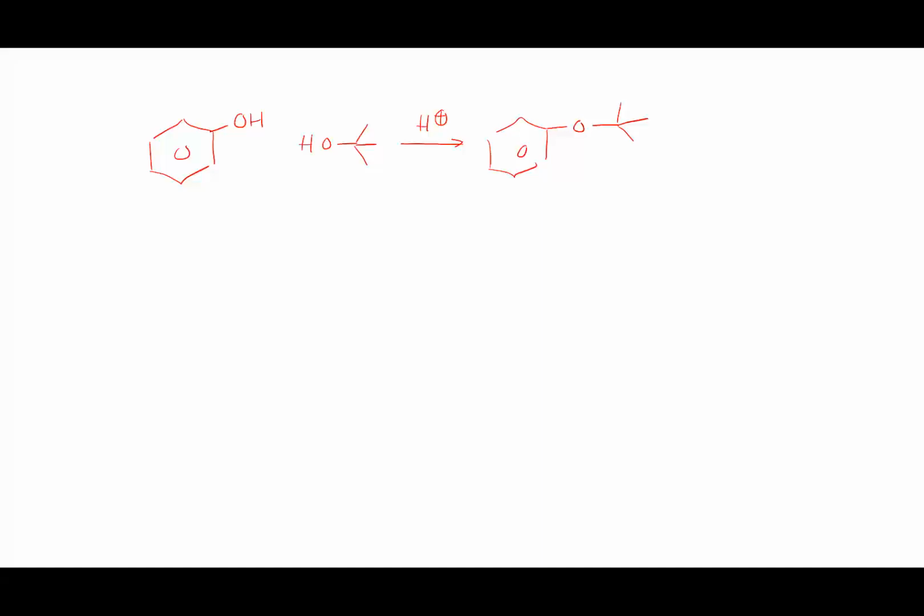But the mechanism of that would be that, again, if I protonate the OH of the phenol, it's not going to leave. So the tertiary butyl group would be the one that becomes protonated. We would end up with that oxonium ion, then the water would leave, so that I would end up with my tertiary butyl carbocation, and then just like before, the phenol would come in and add.